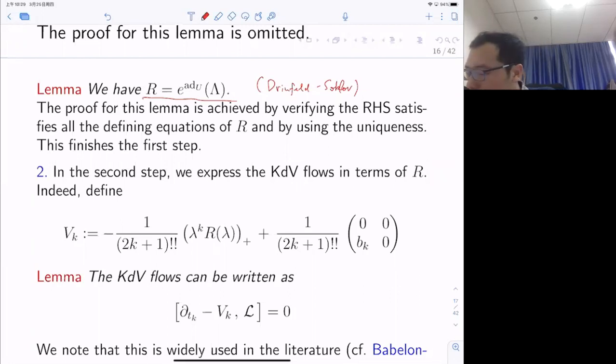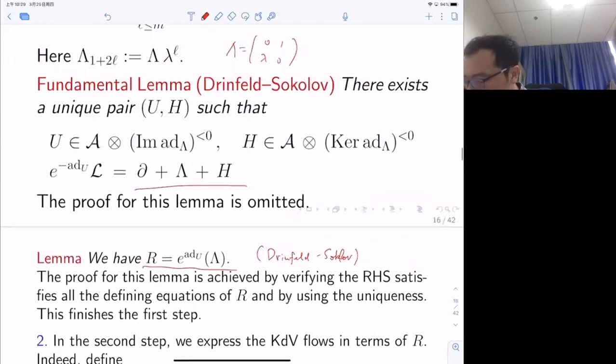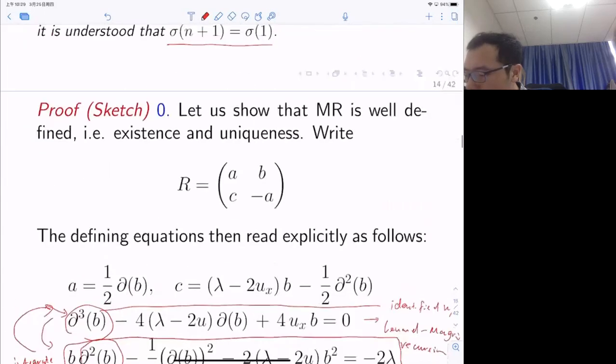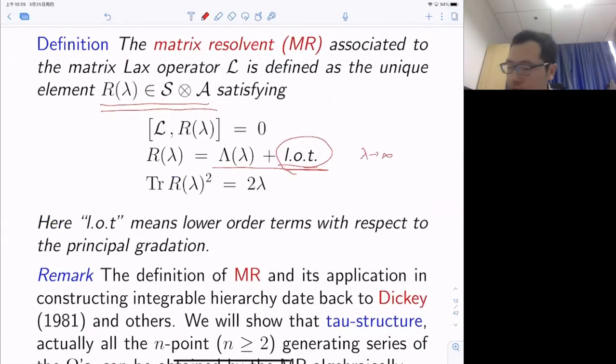So the proof is also easy, because, since we already proved the existence and uniqueness in this definition, you can simply act with e to the ad u on the first equation, and you find that if we define R by e to the ad u lambda, then this satisfies the first equation.